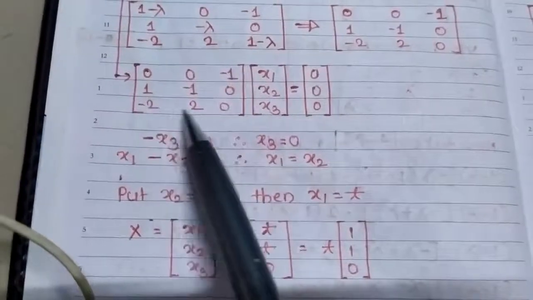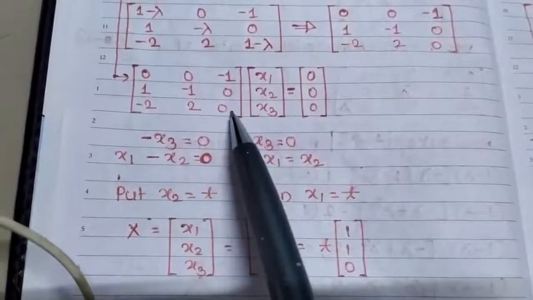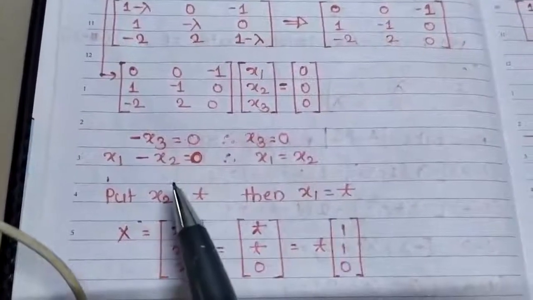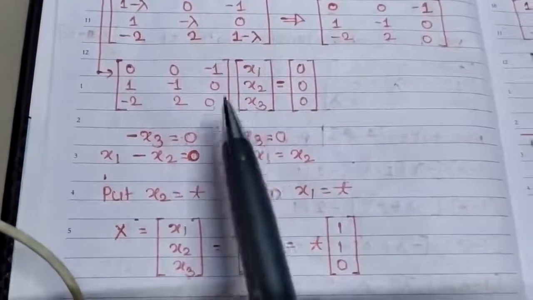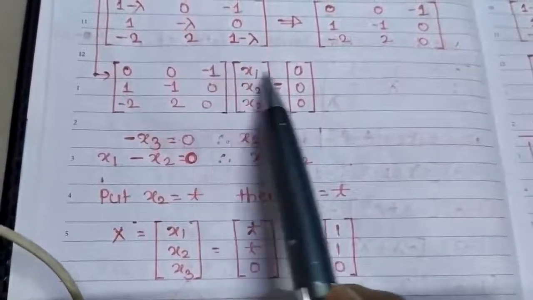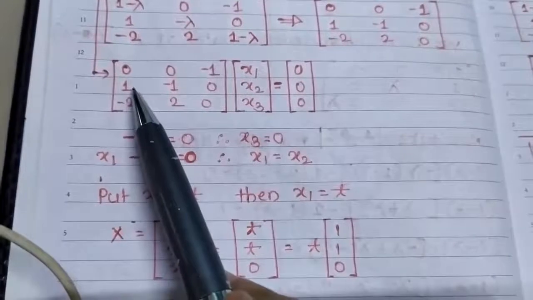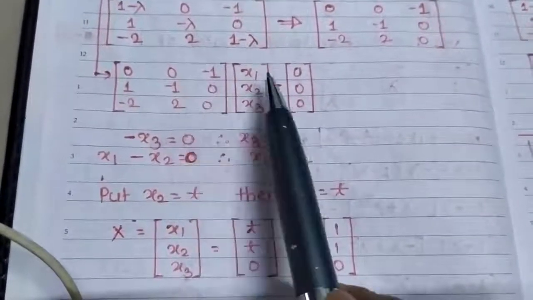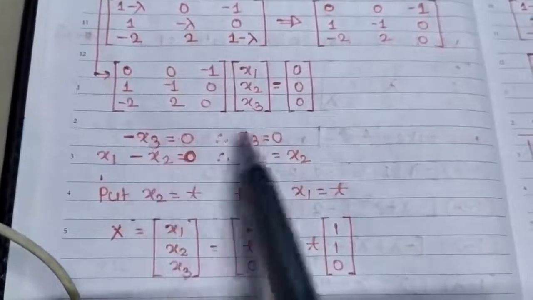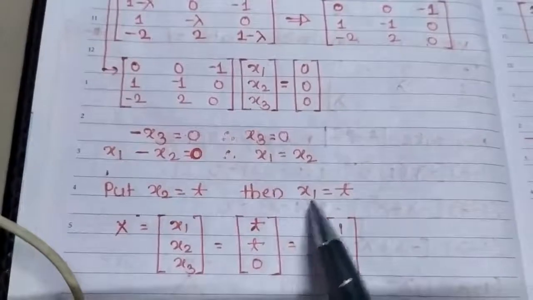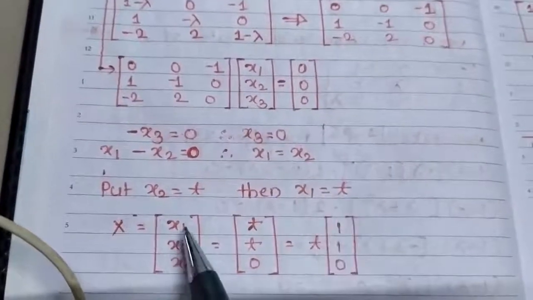We can reduce this using row operations. Okay, very simple. x3 minus x3 is equal to 0. Now x1 minus x2 is equal to 0. x3 is equal to 0. x1 is equal to x2 is equal to t, then x1 is also t. Rewrite.